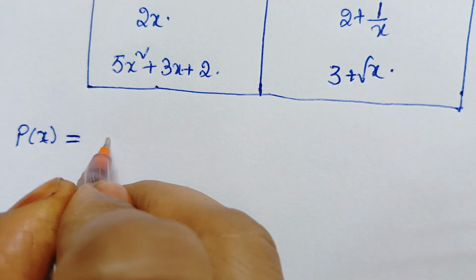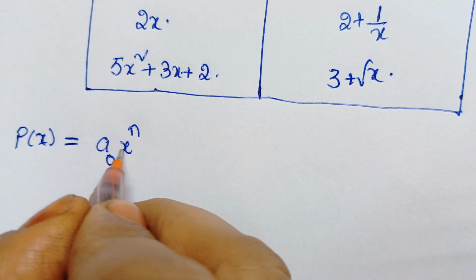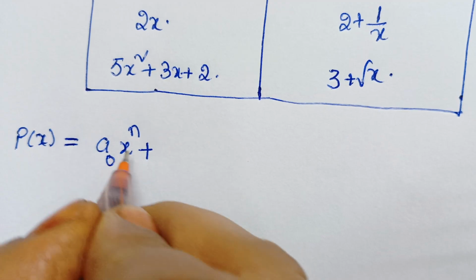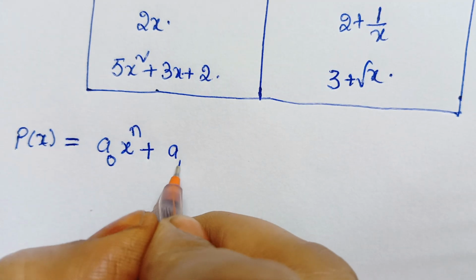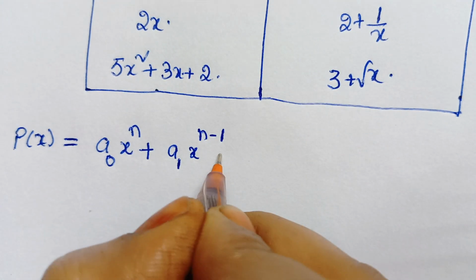So the starting term is a0 x power n. This is in the form of a x power n. The second term, coefficient a1, x power n minus 1.